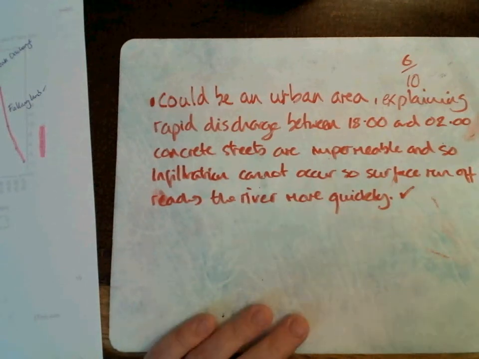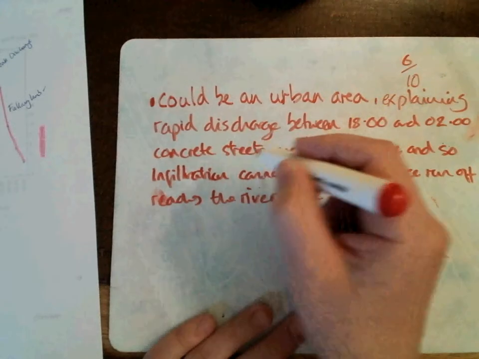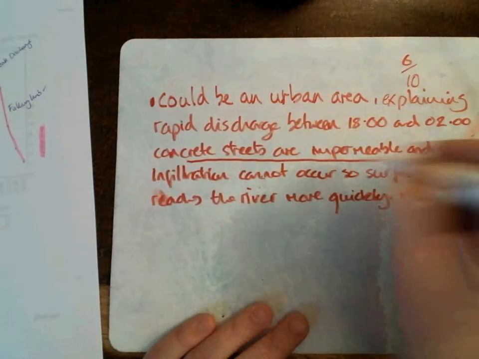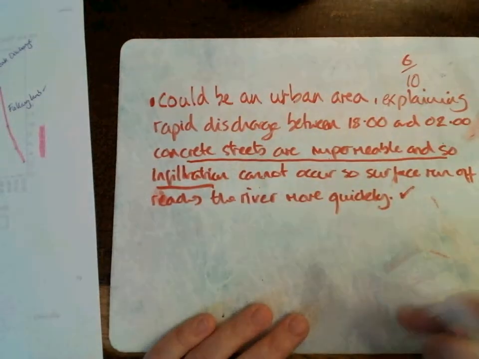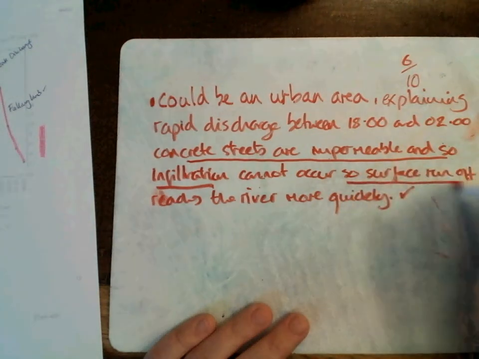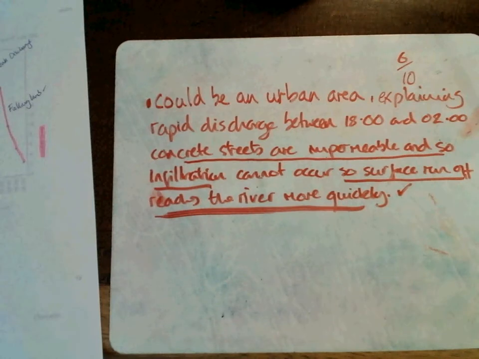Effectively, what I've done is I've said what is happening in this section. Concrete structures are impermeable and infiltration cannot occur. And what is the impact of that? So surface runoff reaches the river more quickly. And there's your mark.